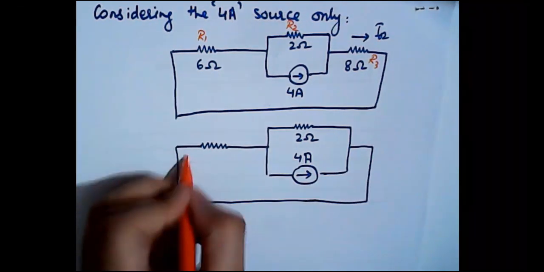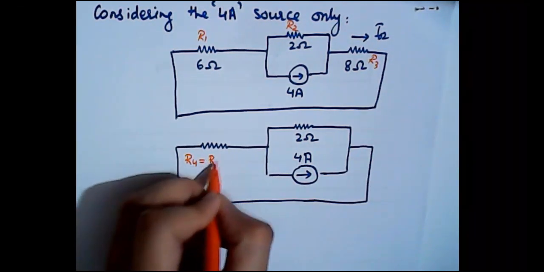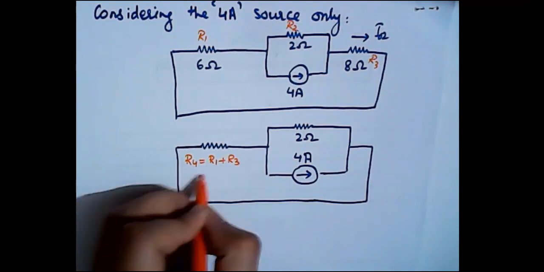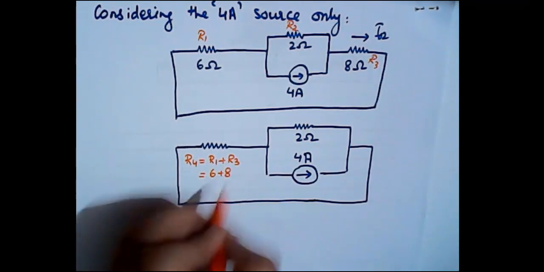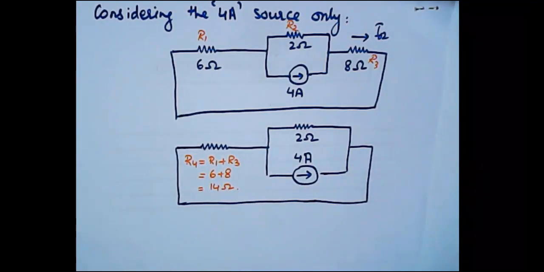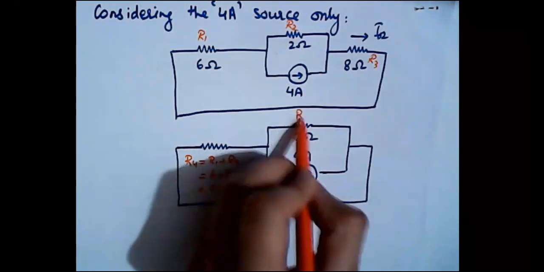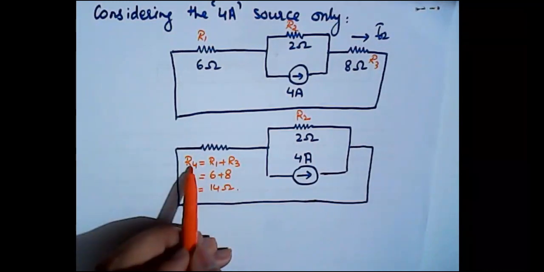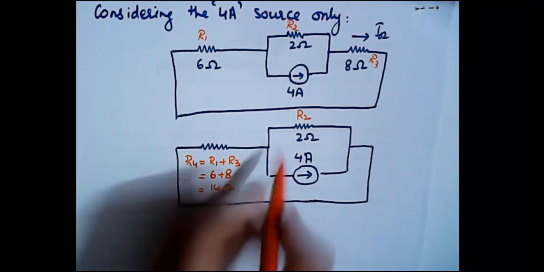This will be R4 is equal to R1 plus R3 is equal to 6 plus 8 is equal to 14 ohms, right? Now we can see that R2 and R4 are in parallel. Why?